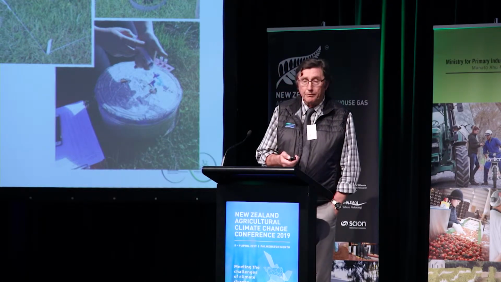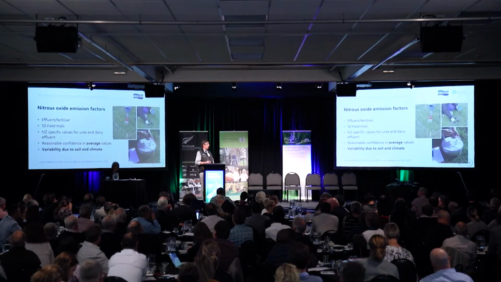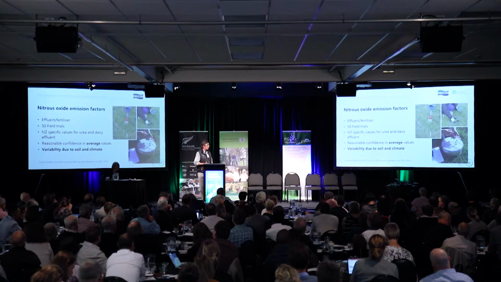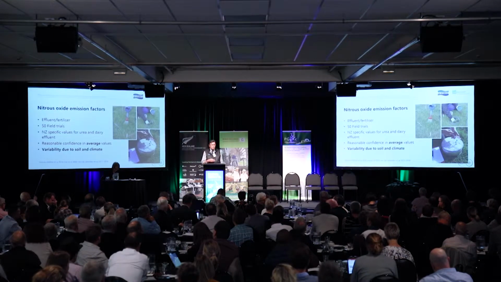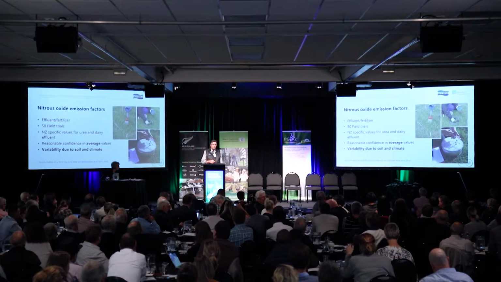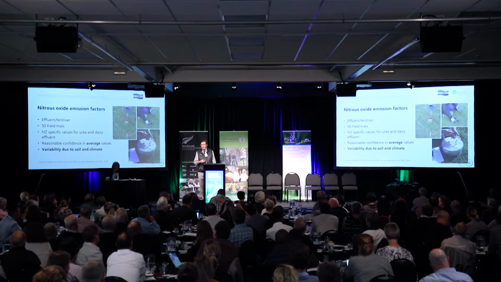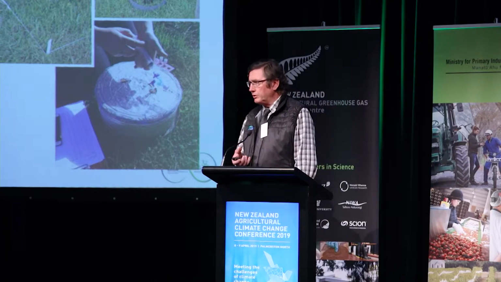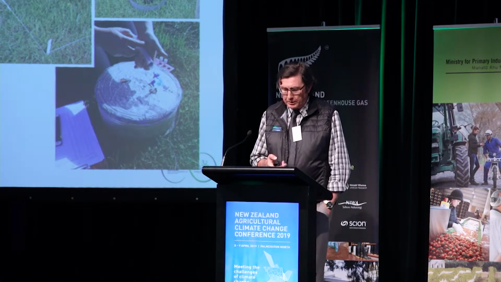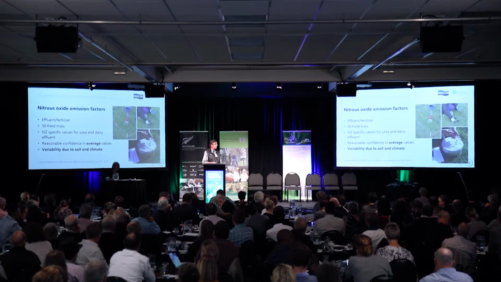And similarly for emission factors from effluent and fertiliser, again, a reasonable number of trials have been carried out. Again, there's some degree of confidence in average values, and again, there is some variability around that because of soil and climate type factors.